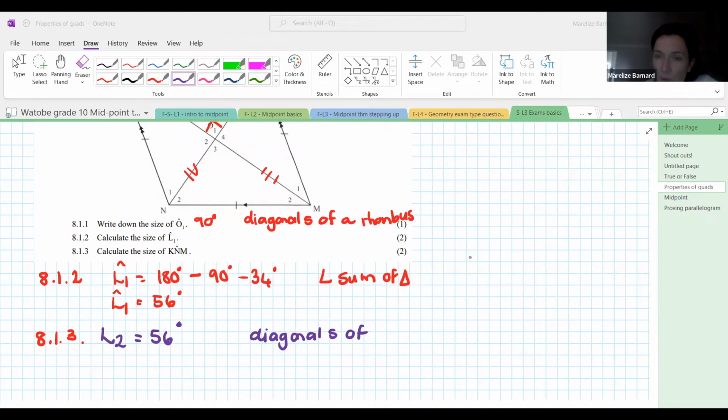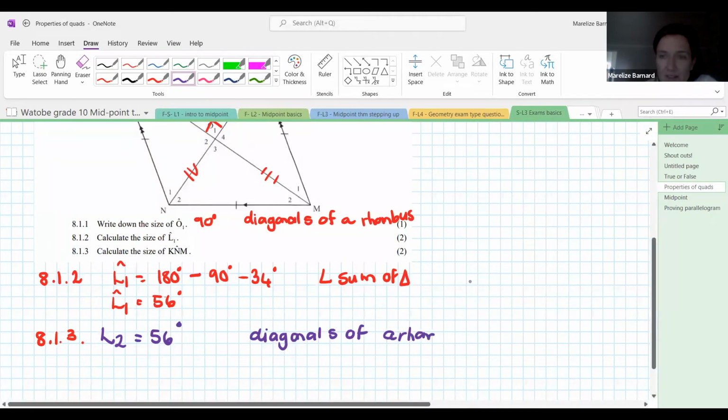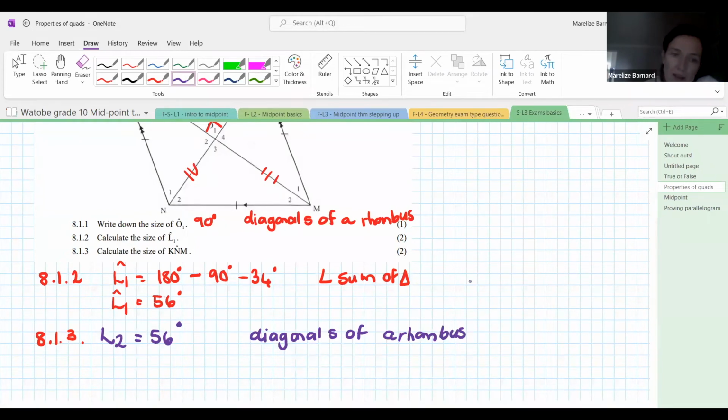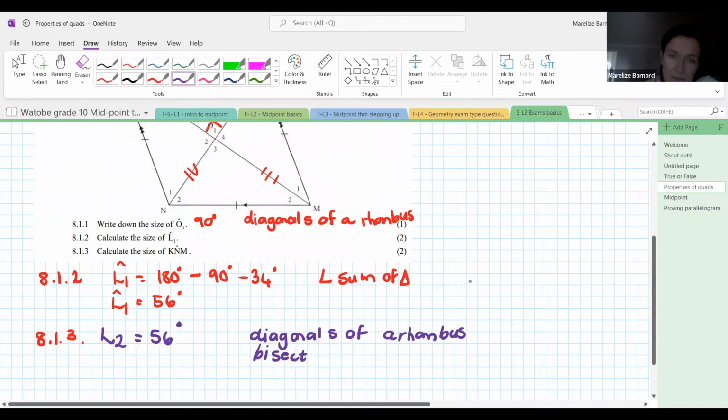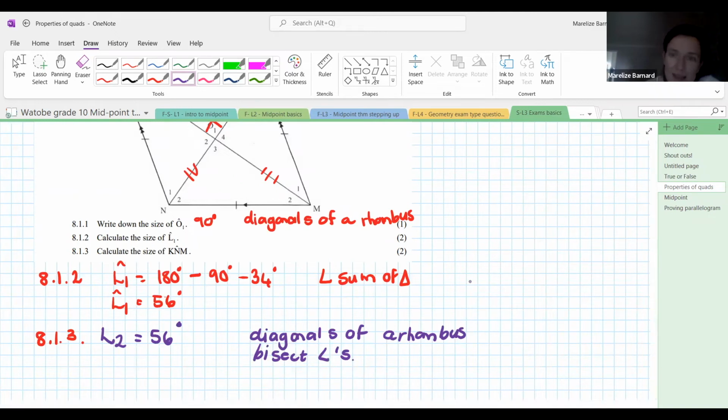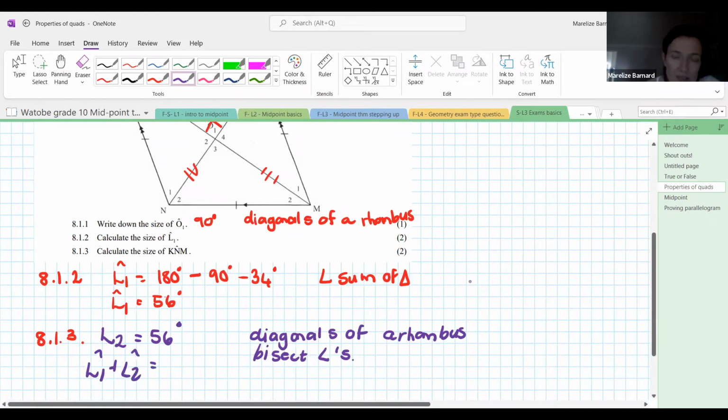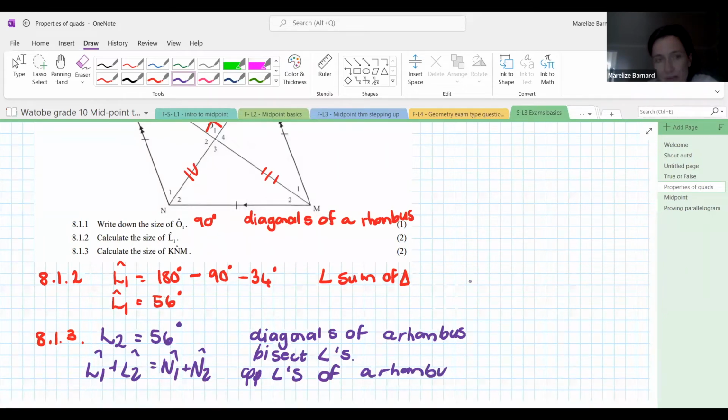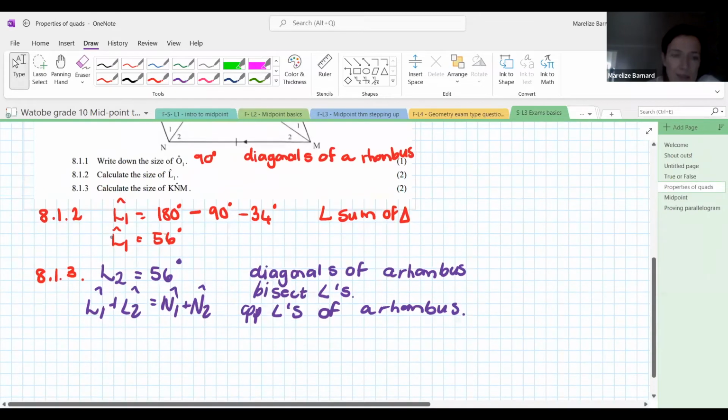Nice, Mpo, excellent. See, you should have put your hand up. That one's perfect. Diagonals of a rhombus bisect angles. And then, like Nelly has said, L1 plus L2 is equal to N1 plus N2 because opposite angles of a rhombus are equal. So therefore KNM is 112.